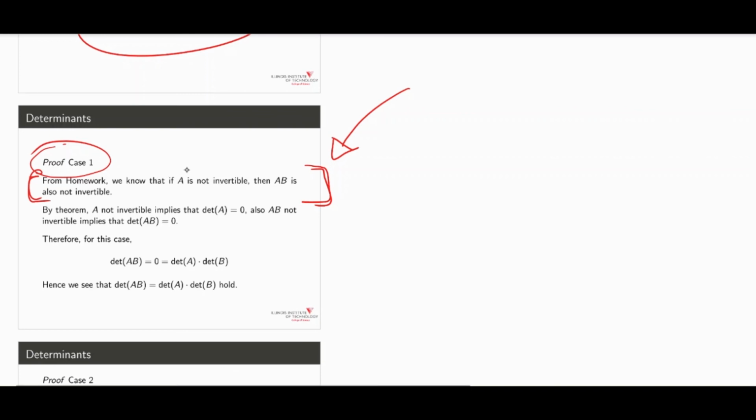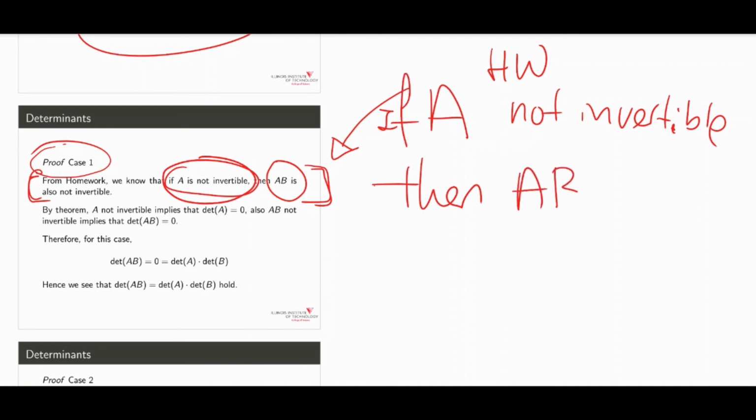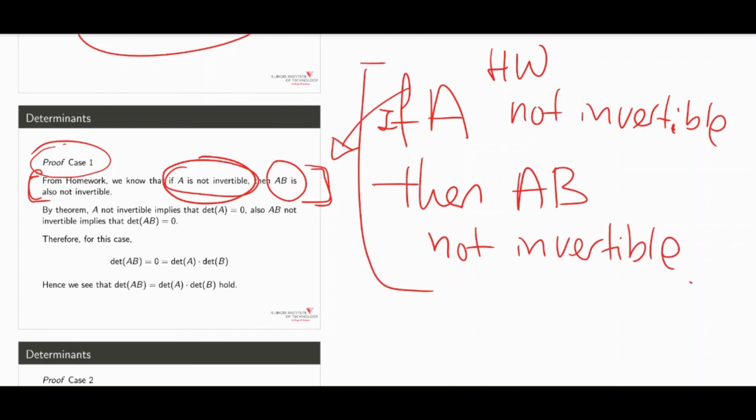The homework says that if you have a square matrix A that is not invertible, then AB is also not invertible. So we proved it using the definition in the homework. We are not using determinants at all.